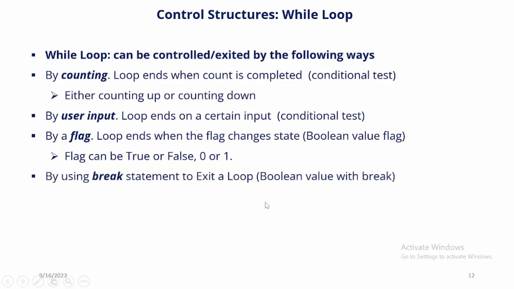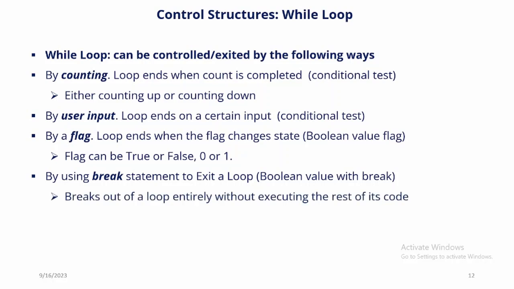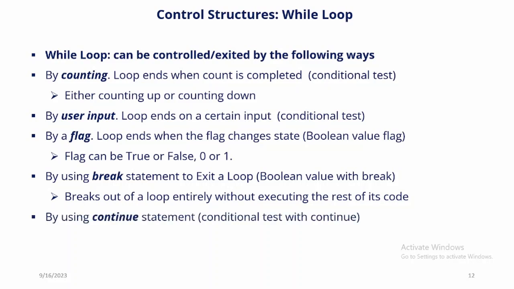Another way to control a loop is by using the break statement to exit the loop completely and unconditionally. So the break helps you to break out of a loop entirely without executing the rest of the code. At any point where the code sees a break, it gets out of the loop. You can also use something called a continue statement to control a loop.